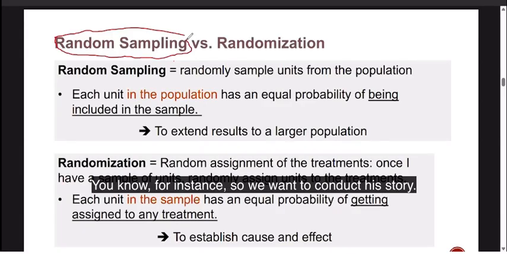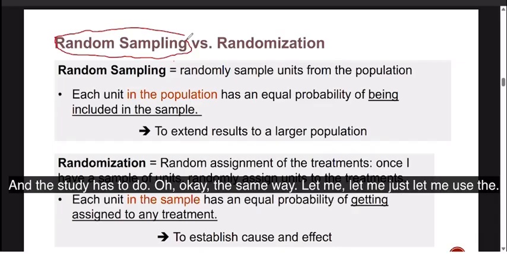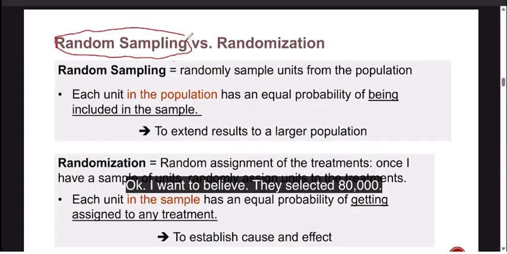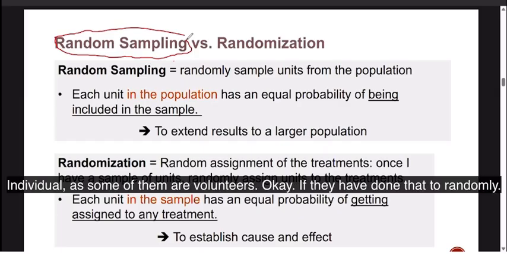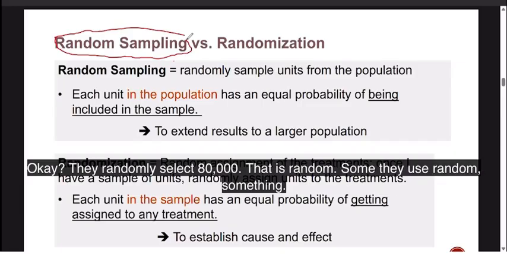For instance, let's say we want to conduct a study, and let me use the clinical trial conducted by Pfizer. I believe they selected 80,000 individuals, some of them volunteers. If they had done that randomly, out of so many people in the world, randomly selecting 80,000, that is random sampling.